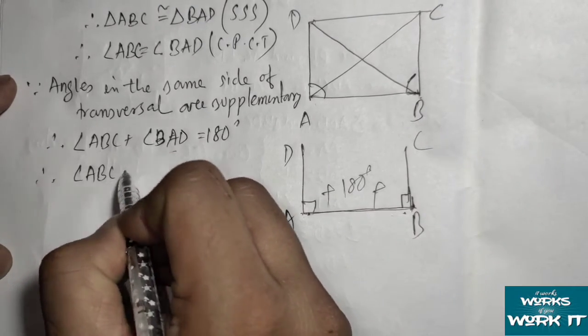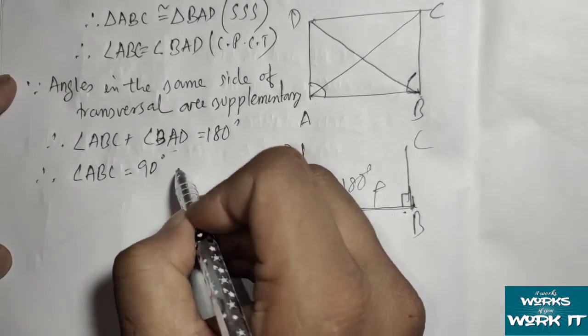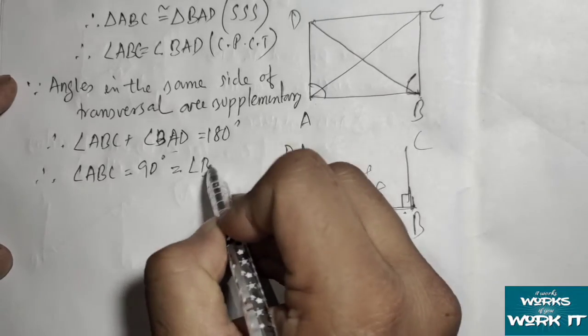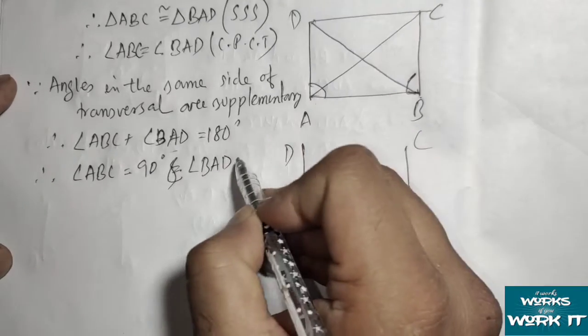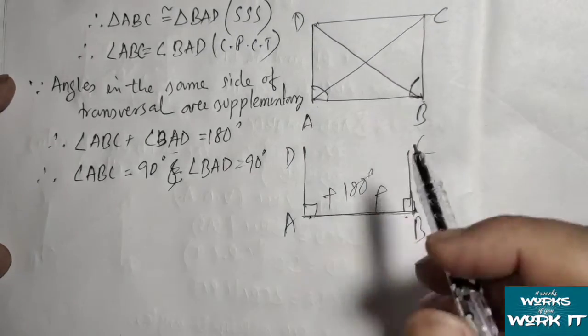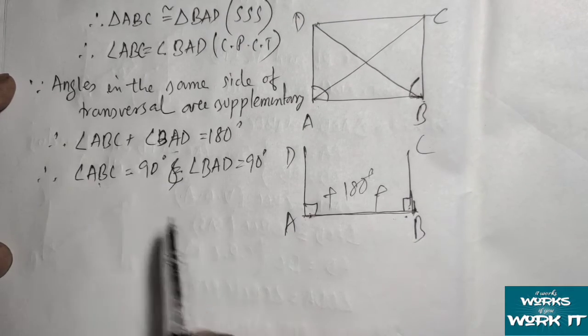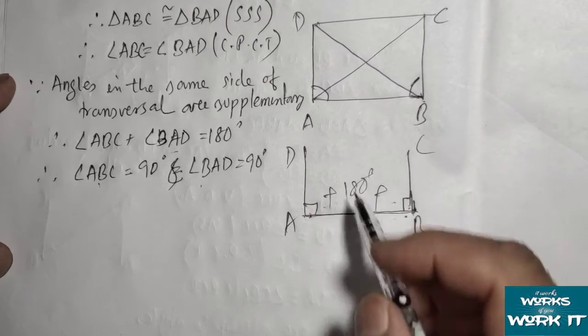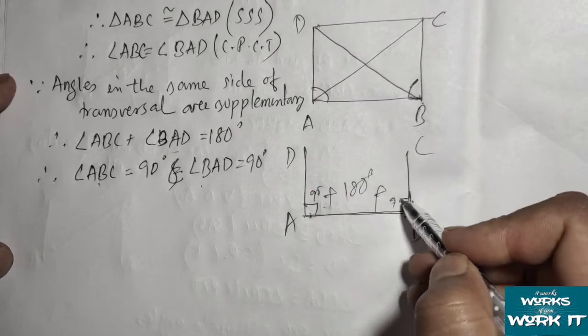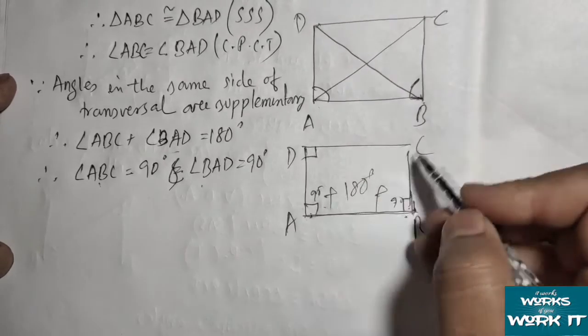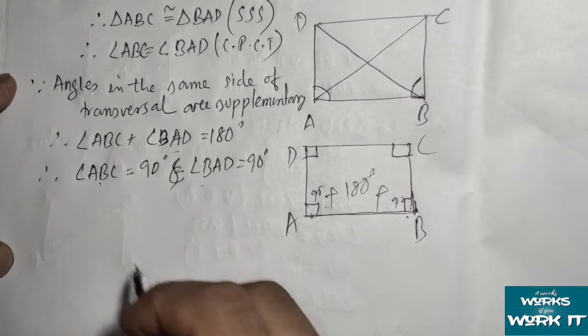Each angle will be 90 degrees. Since angles ABC and BAD are both 90 degrees, we can show this angle and this angle also as 90 degrees.